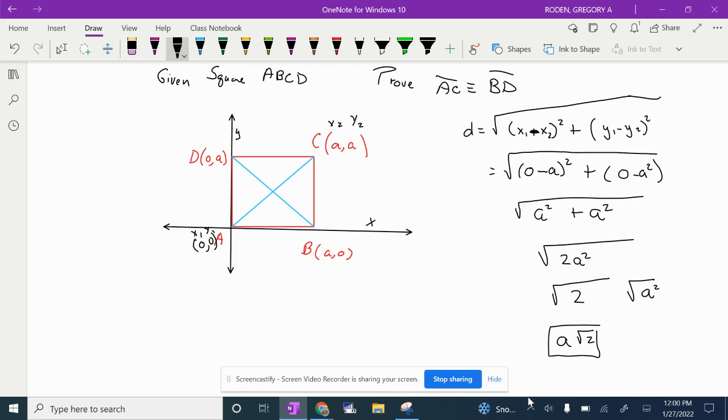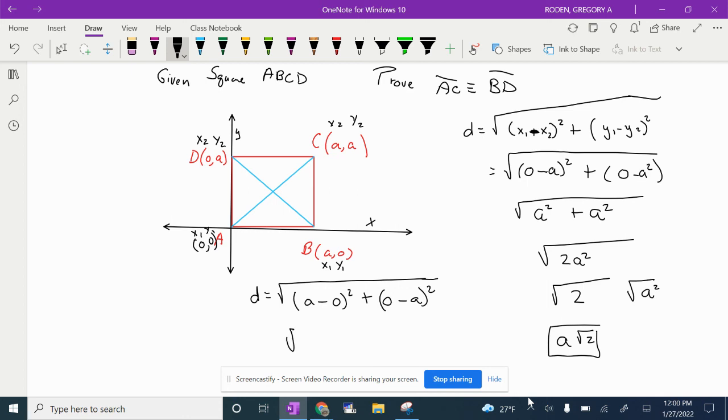So here we go. This is going to be distance equals, and I'm going to just say this is x1, y1, and this is x2, y2. All right, let's put that in. So it's going to be a minus 0 squared plus 0 minus a squared, okay?